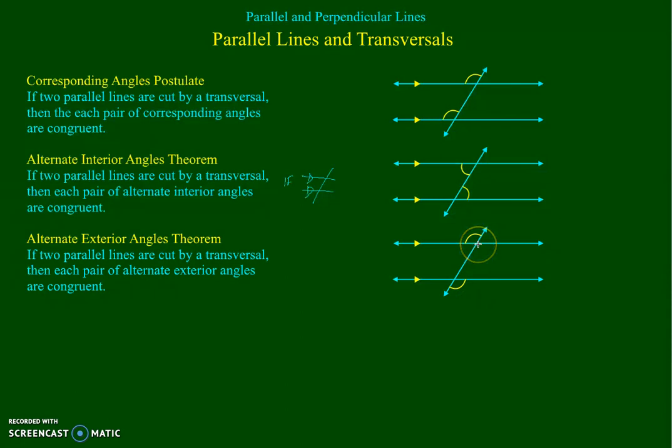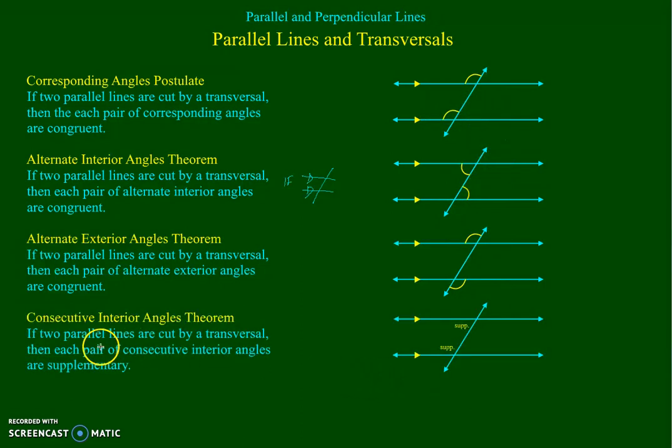And now comes the oddball. Remember I said that the consecutive angles are going to be the odd ones? Well, the consecutive angles theorem is different than these 2 theorems and this postulate. So let's take a look at that. In this case, if 2 parallel lines are cut by a transversal, then each pair of consecutive interior angles are supplementary. So this is the odd one.